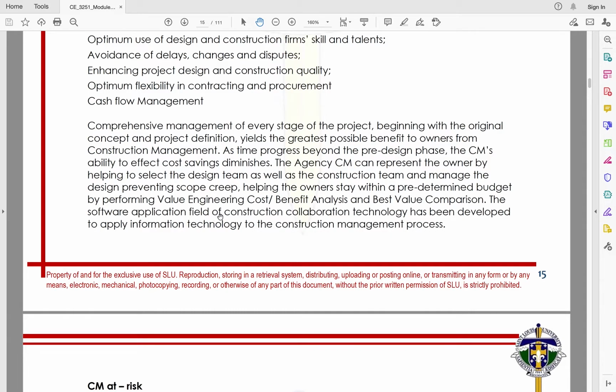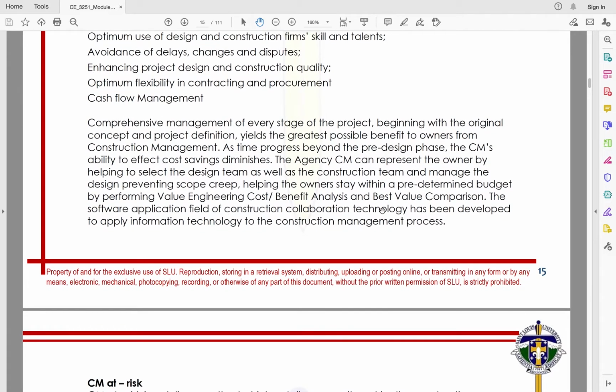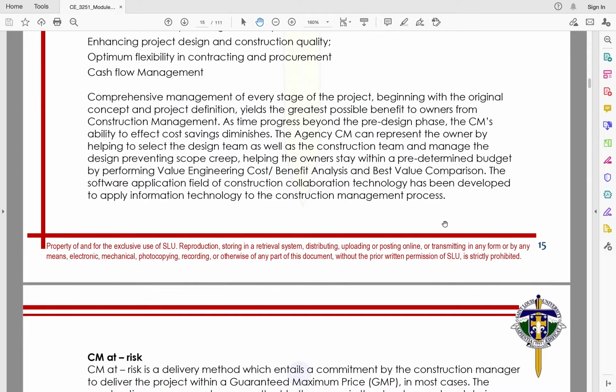The software application field of construction collaboration technology has been developed to apply information technology to the construction management process.